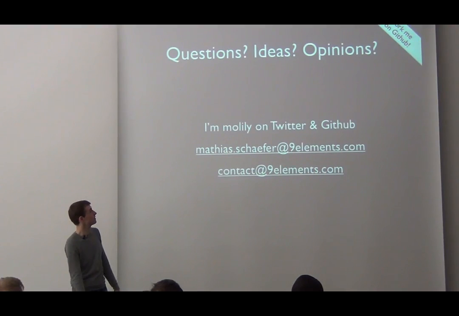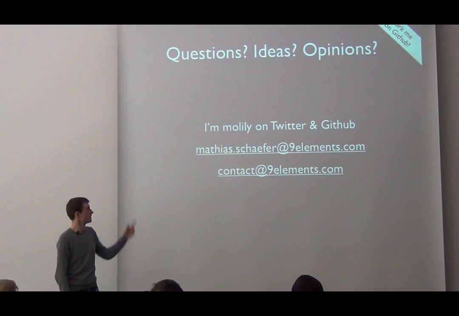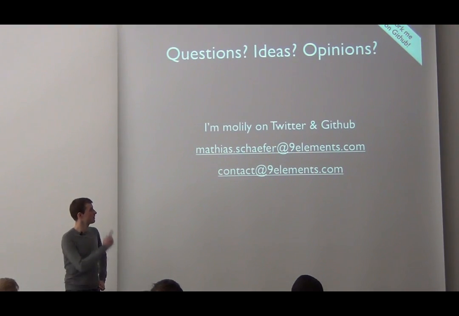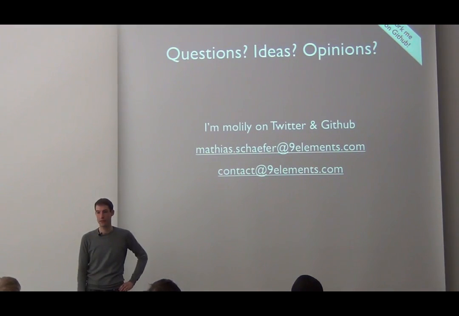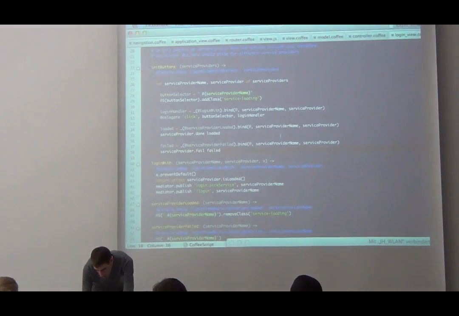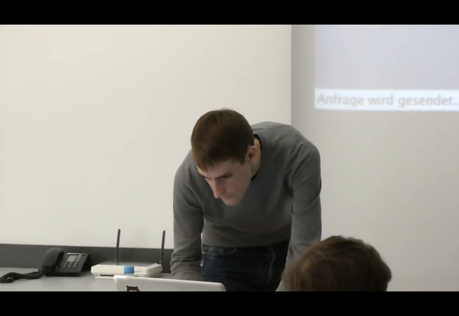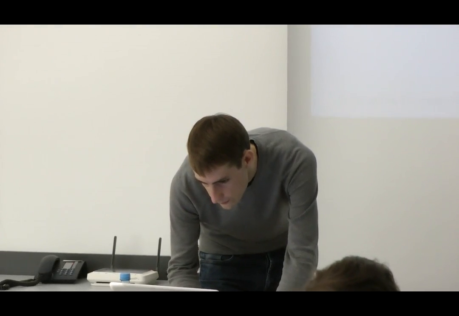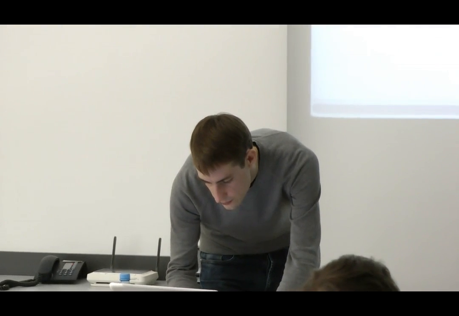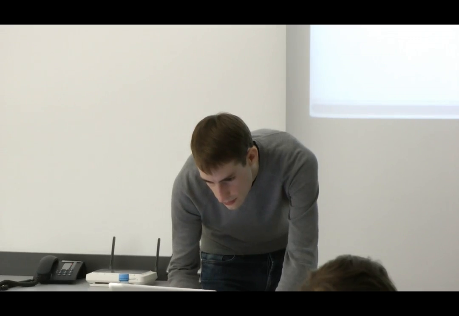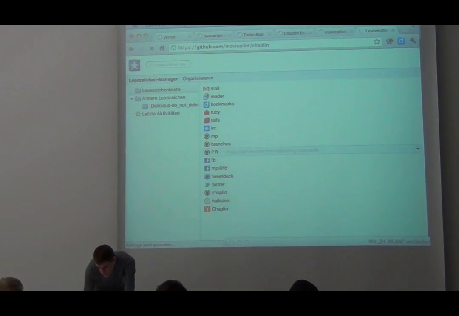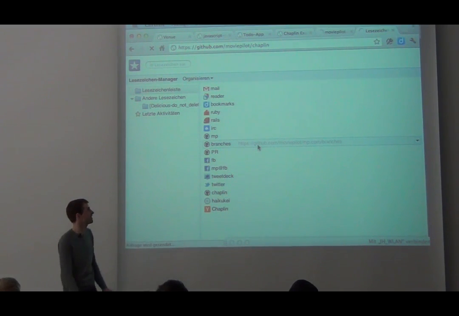I think that's basically all. My name is Molly on Twitter and GitHub. This is my email address, and of course you can look into the code of Chaplin on GitHub. I don't have a connection here, I think.